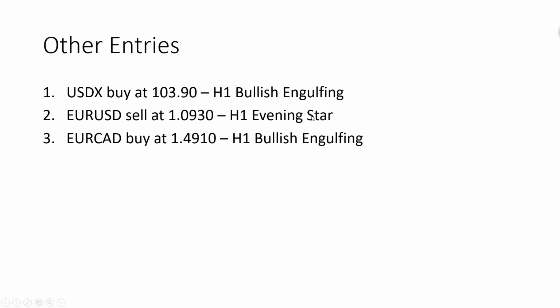We had the evening star right over there, a 1 hour evening star. And then we had the EURCAD buy at 1.491. All these are from the report. That was another bullish engulfing pattern. So those were your entries if you were focusing on the H1s as well.